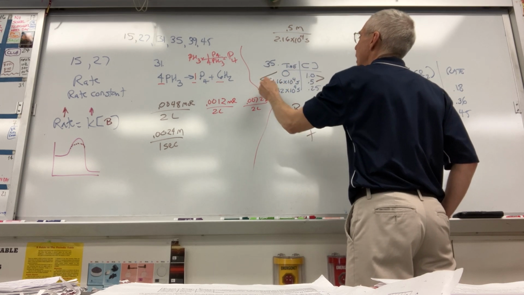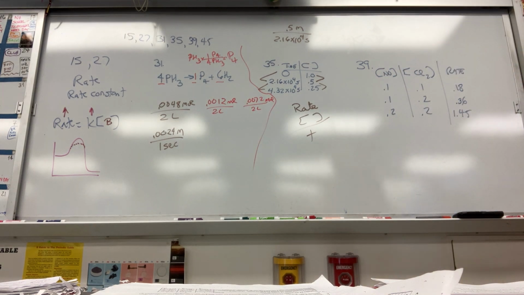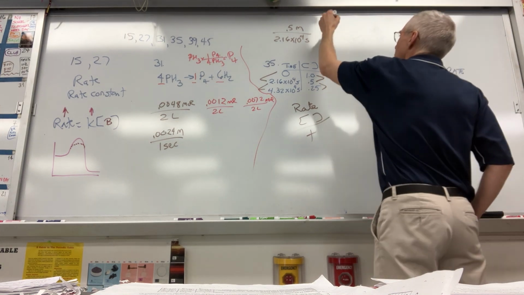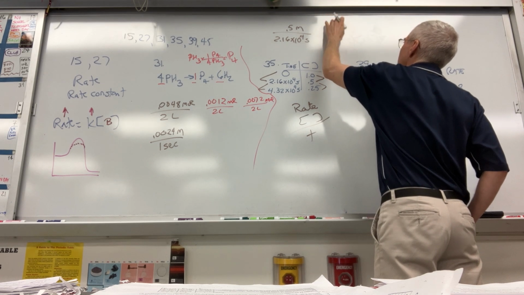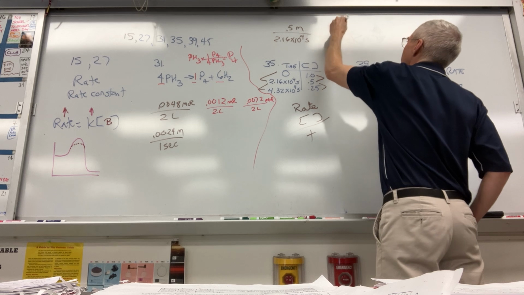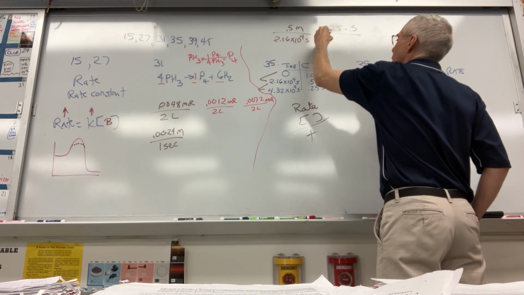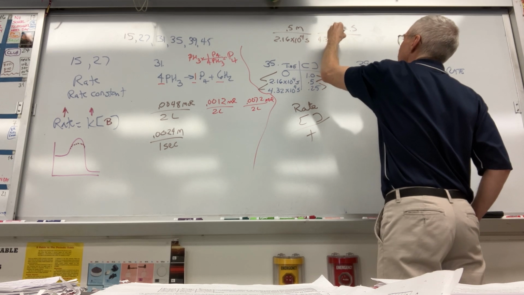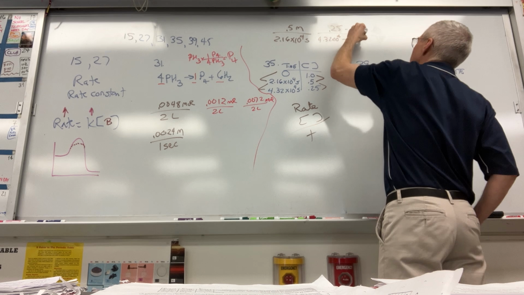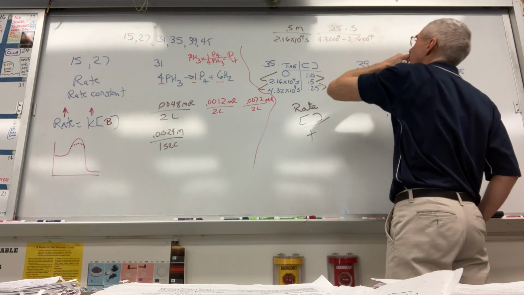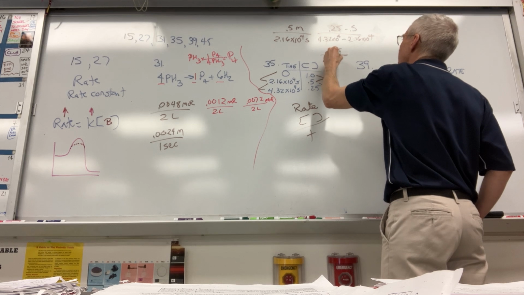Then it asks about the second time period, and it says specifically from the first time period to the second. So it's 0.25 minus 0.5 over 0.36 times 10 to the 4th, minus 2.16 times 10 to the 4th, so you're going to get 0.25 over, again, 2.16 times 10 to the 4th.